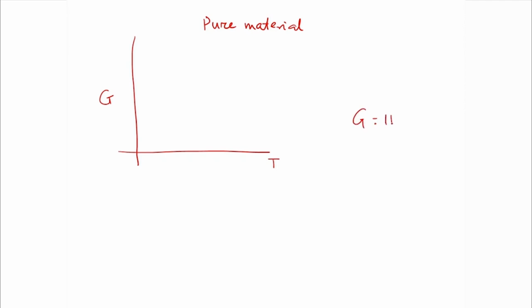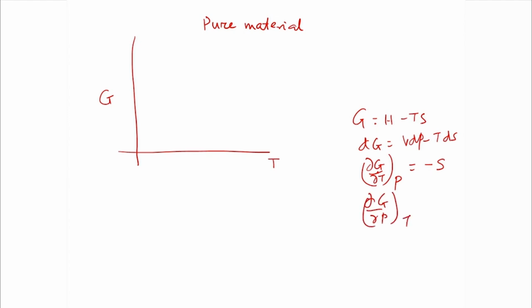G is equal to H minus TS, and if you do dG, finally you get VdP minus SdT, right? So del G by del T at constant pressure is equal to minus S, it will be entropy, right? And del G by del P at constant temperature will be volume.